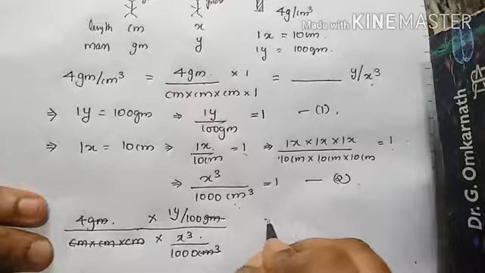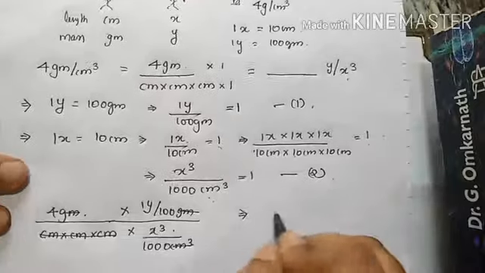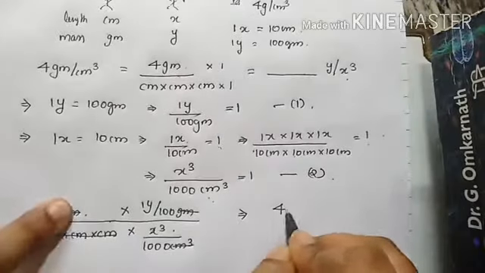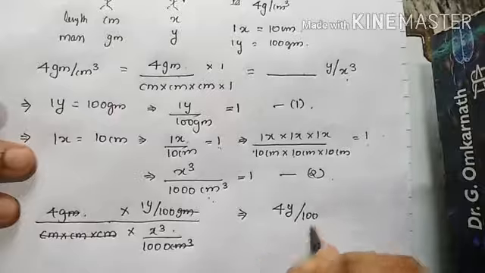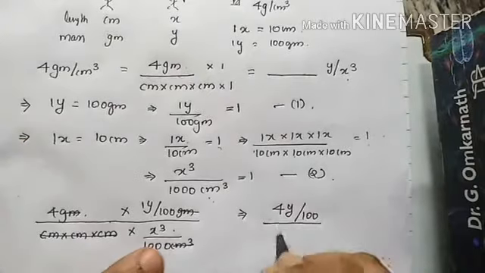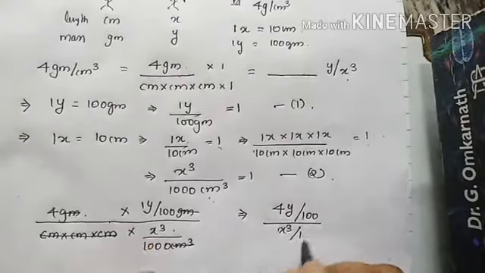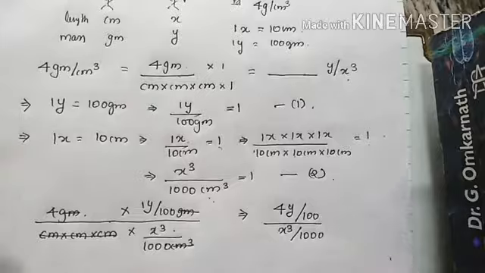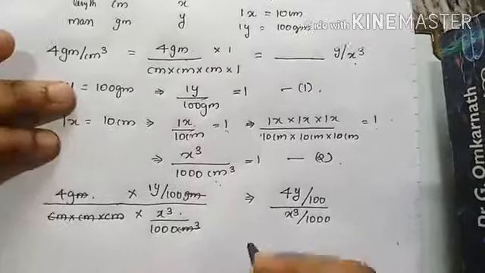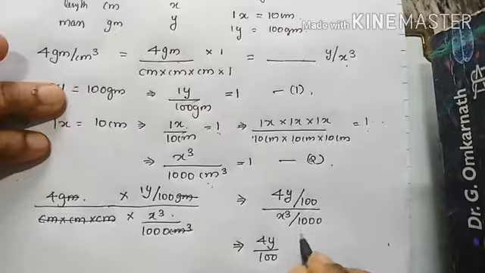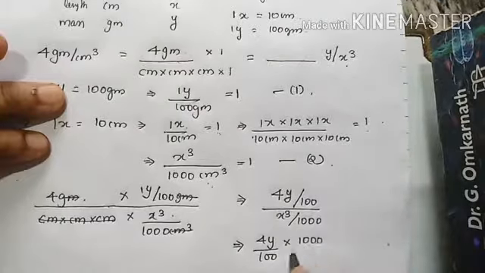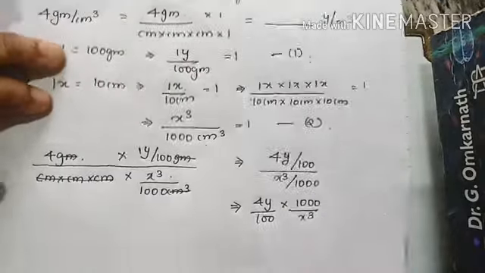Right? So the numerator section again, guys, will be 4. There is no gram. Into 1y, I will write it as y itself, divided by 100, whole divided by x cube divided by 1000. Now 4y by 100, the denominator should be reversed, so the numerator is 1000 divided by x cube.